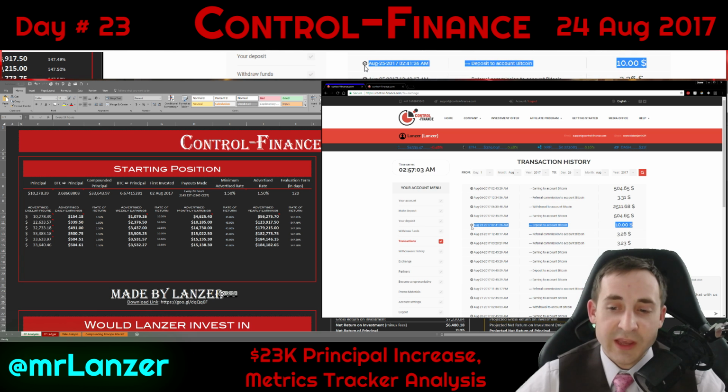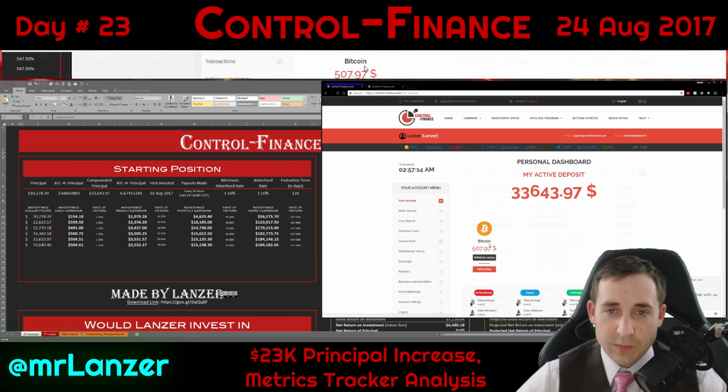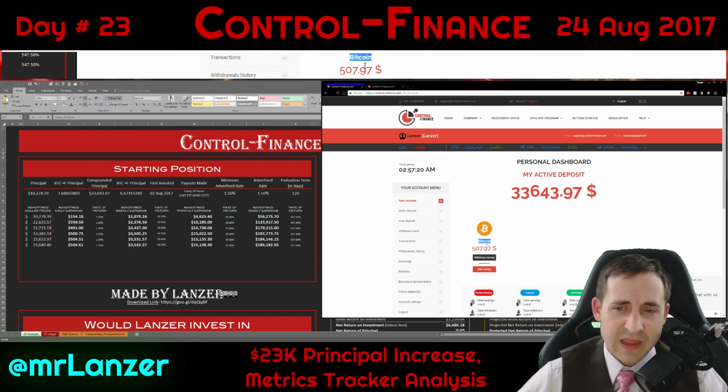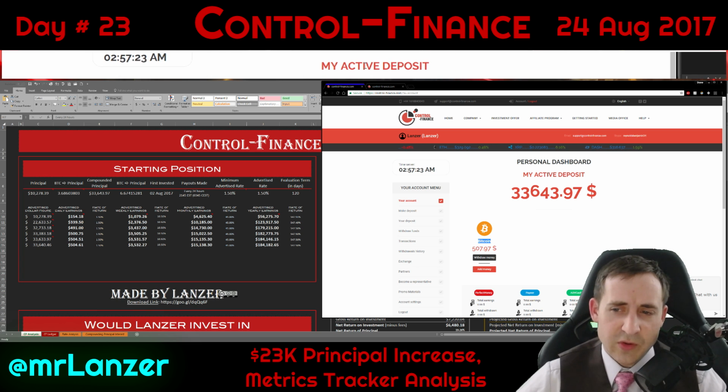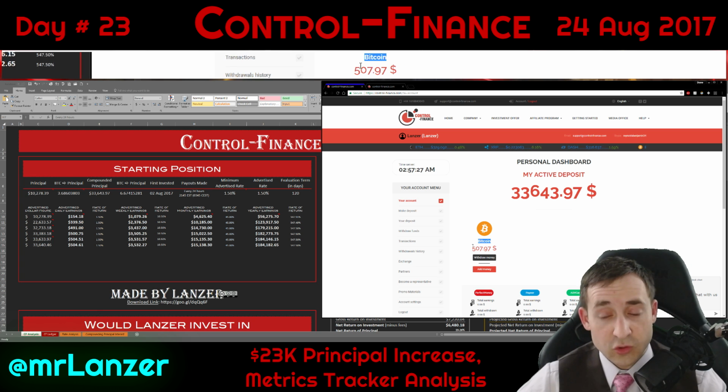Alright, deposit to account Bitcoin is exactly what it looks like. You deposited money into your active deposit. You may notice that account Bitcoin somewhat implies this thing right here, which is the kind of in between your active deposit and your withdrawal, your external wallet.